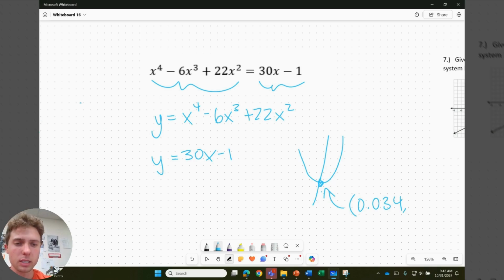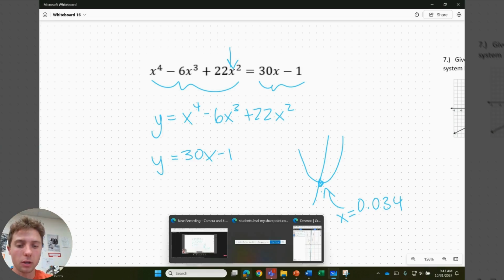The reason I only wrote the x value is notice the variable we were trying to solve for originally. We were trying to solve for x. So when I look at my intersection on the graph, I only care about whichever value we were finding originally, which is x. My solution is 0.034.